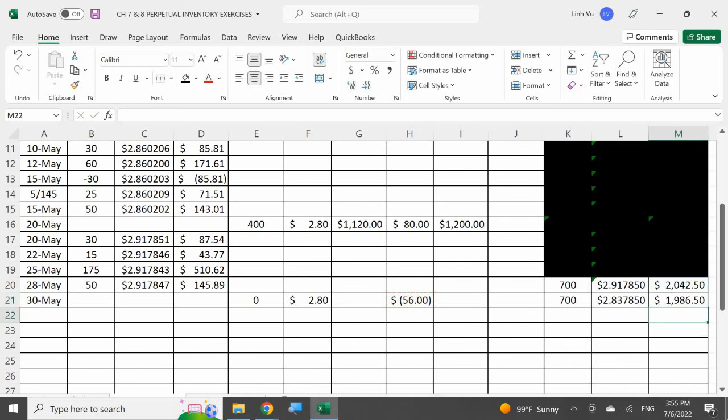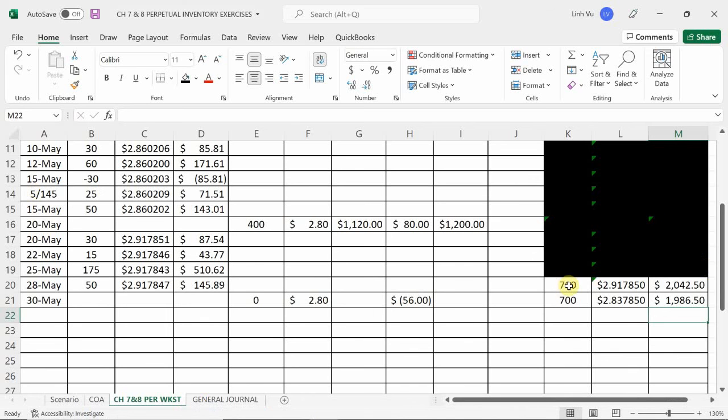So it should decrease my total cost to $1,986.50, which, if you recalculate your average cost per item, should have dropped it down to $2.837850.